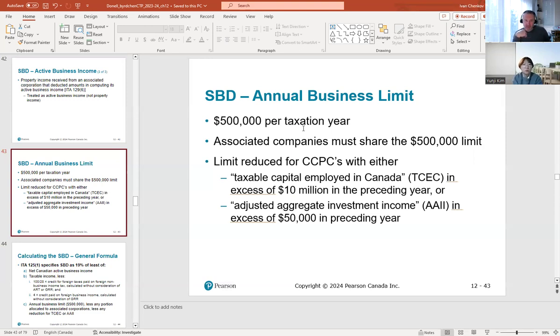There's a limit reduction for the Canadian-controlled private corporation with either taxable capital employed in Canada in excess of 10 million in the preceding year, or adjusted aggregate investment income.